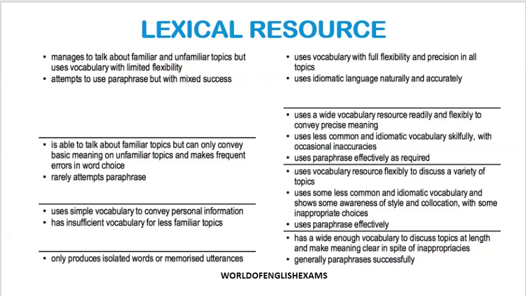One more thing to note down in lexical resource is the use of idiomatic vocabulary. If you see band 2, 3, 4, 5 and 6, nowhere is idiomatic vocabulary mentioned. However, band 7 shows idiomatic vocabulary and awareness of style and collocation.